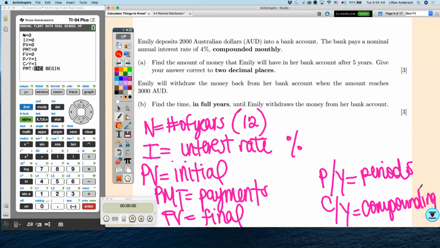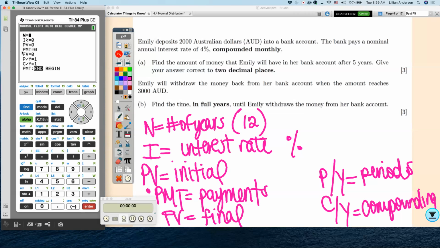But again, payments are only involved in loans and annuities, okay? Now, you don't have to use the financial application feature of your calculator for this.